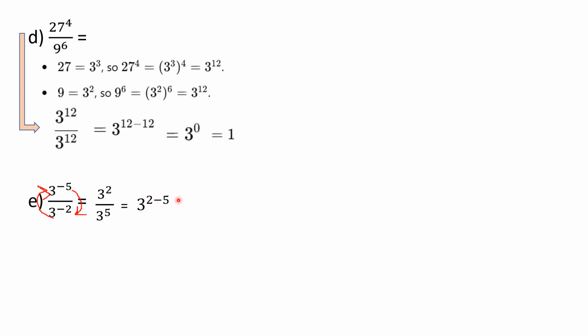You can use your calculator, or you can find the answer if I have two numbers, different signs, subtract and put the sign of the greater number. So the answer will be 3 power minus 3. You can write it as a positive exponent by putting it here over 1.